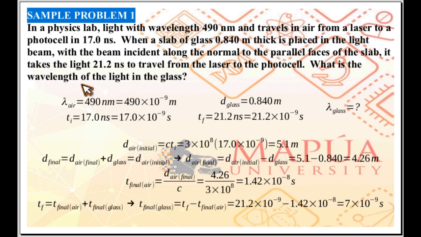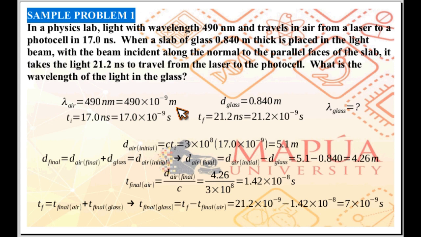What is the wavelength of light in the slab of glass that was placed between the laser and the photocell? So, we have the wavelength of light in air, 490 nanometers, or 490 times 10 to the negative 9 meters.